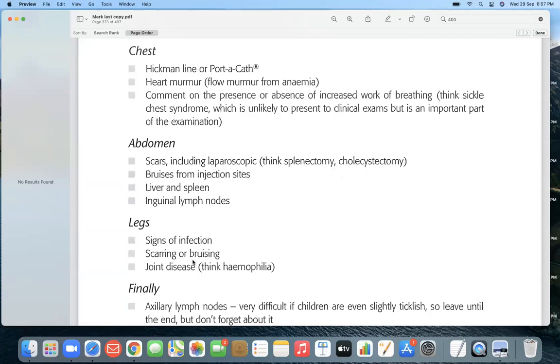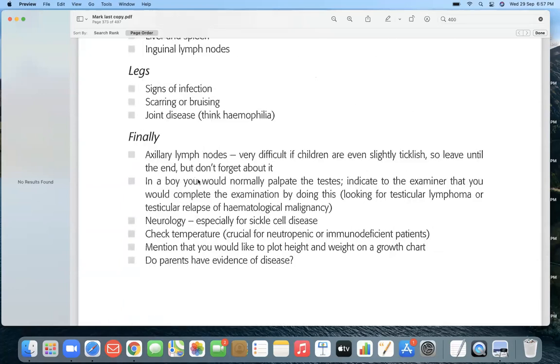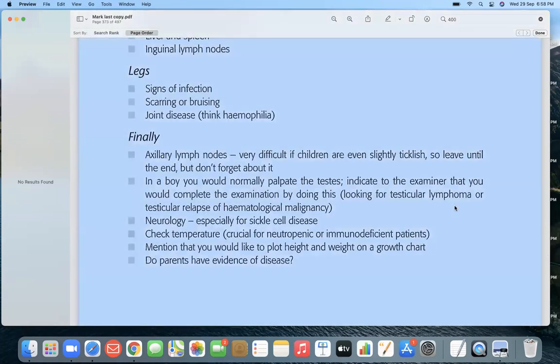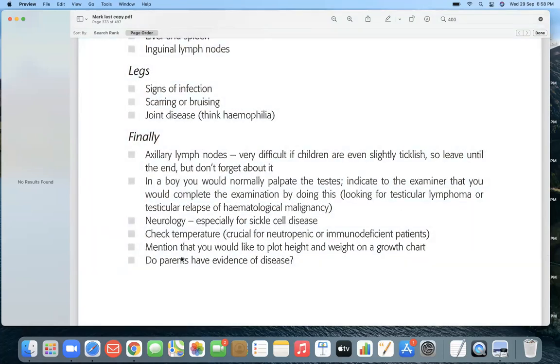Any signs of infection, scarring or bruising, joint disease. Then axillary lymph nodes, you have to palpate without fail. And testes, you have to offer to palpate the testes, because there can be testicular lymphoma, or you may have some metastasis or vaso-occlusive crisis.